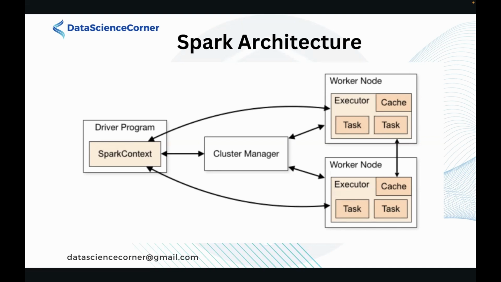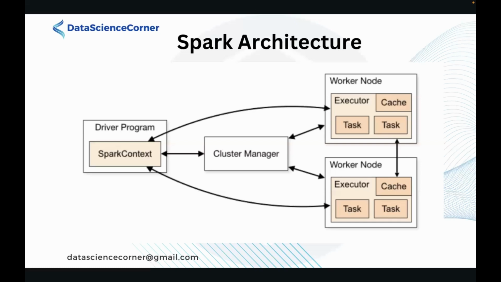So let's talk about Spark's internal workflow. First, when a Spark application code is submitted, the driver program on the master node initializes Spark context. This process implicitly converts the Spark code, which contains transformations and actions, into a directed acyclic graph, or we can call it DAG. A DAG represents a sequence of computations on the data.